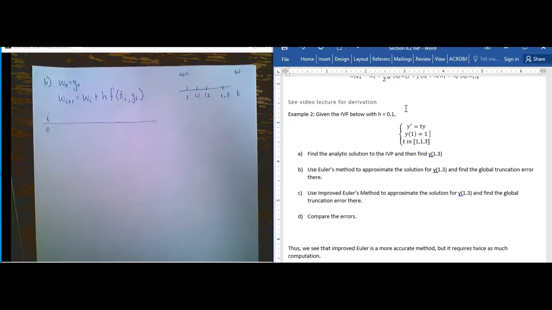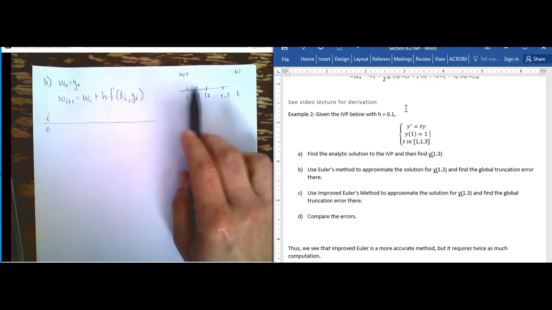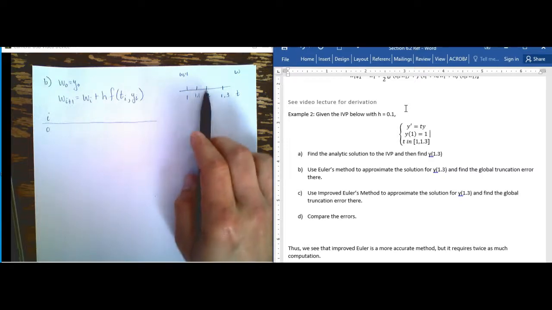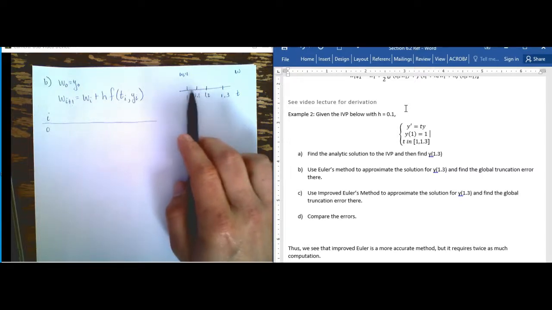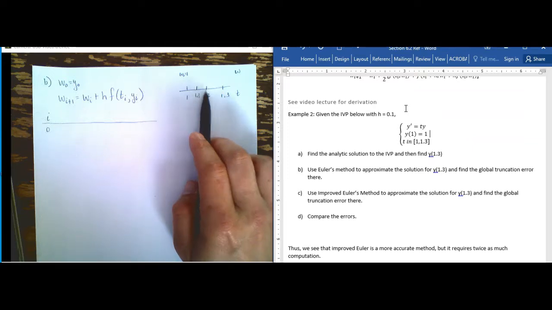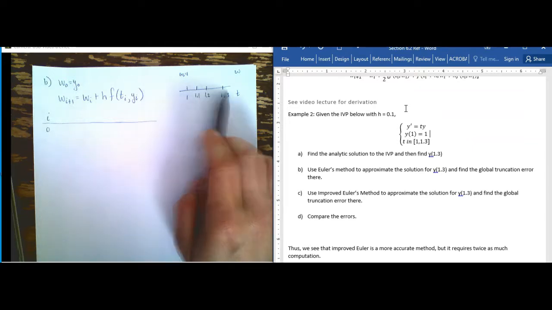So we would need to do 1, 2, 3 iterations. The first iteration finds w1 for us. The second will find w2. The third will find w3.